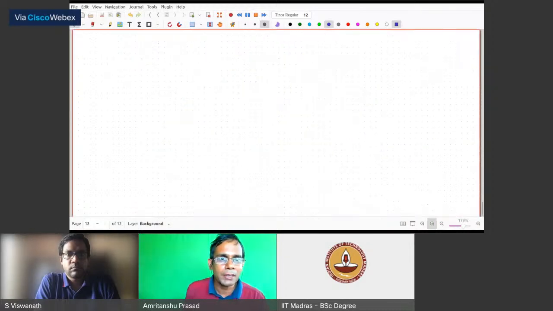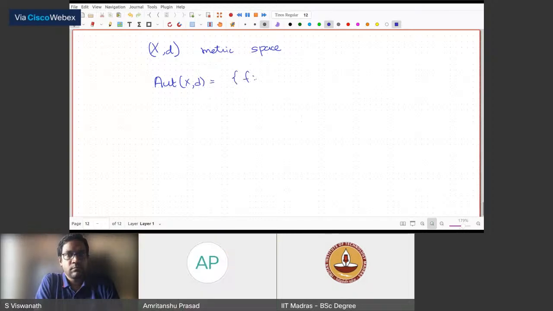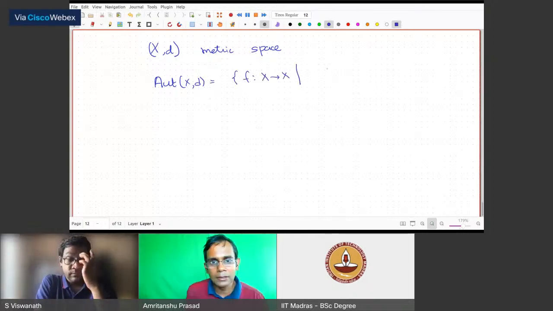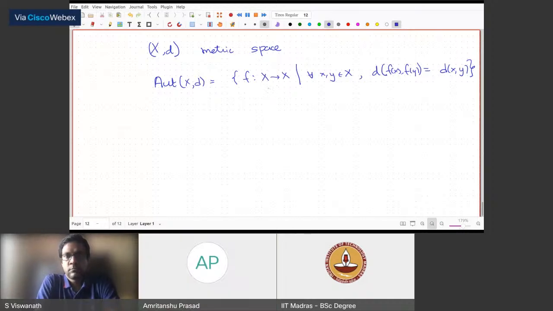So if you know what a metric space is, then what you can talk about is Aut(X, d), the set of all functions from X to X such that for all x, y in X, the distance between f(x) and f(y) is the same as the distance from x to y, and we will assume that this function is invertible, so all bijections.